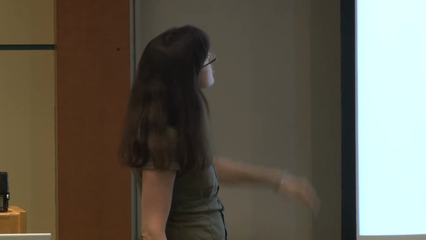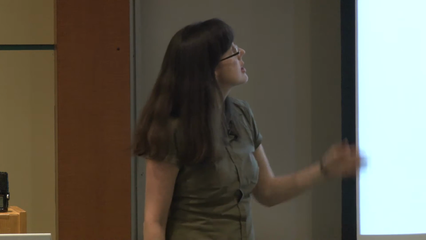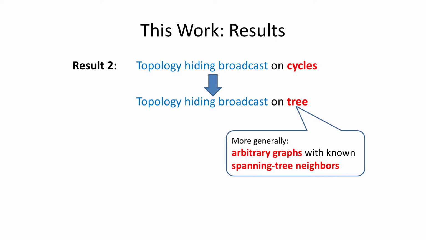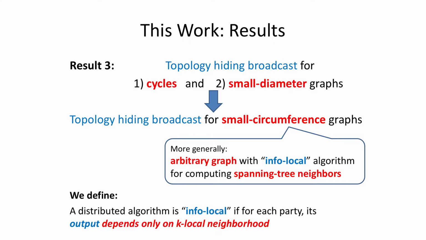So what do the reductions look like? We have one reduction showing that if you have topology-hiding broadcast on cycles, then we can construct topology-hiding broadcast on trees. And actually, it's a more general result. We can show topology hiding on any graph as long as nodes know their neighbors in a spanning tree, which sometimes might be a realistic assumption in network settings, when anyhow you have some spanning tree of the graph to allow communication.